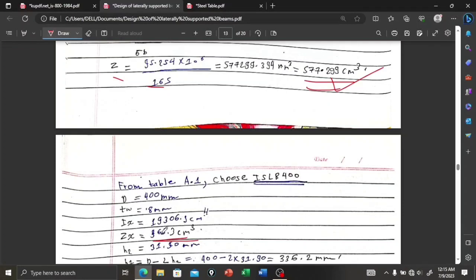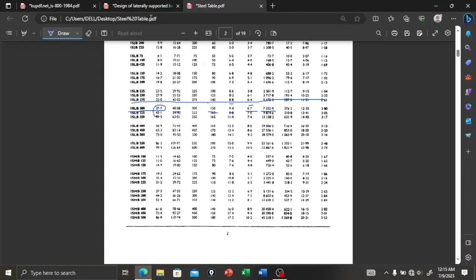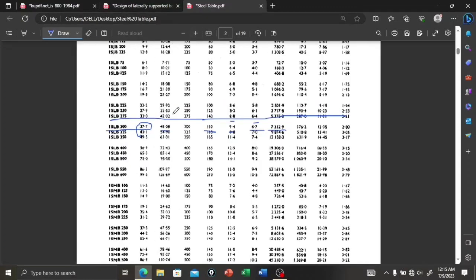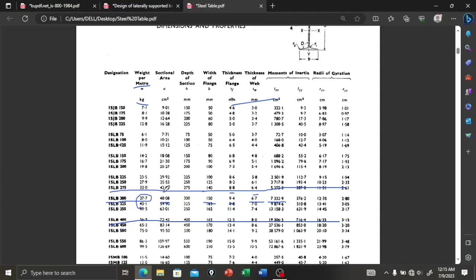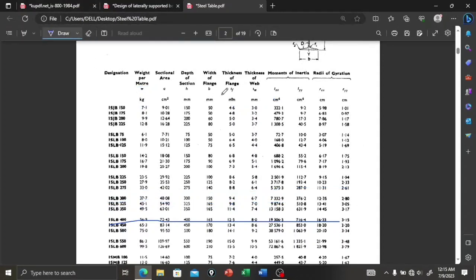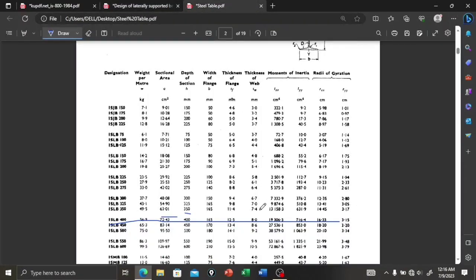For ZX 965.3, the section is ISLB 400. For this, area is 72.43, H is 400, the other depth is 400, and TW is 8.